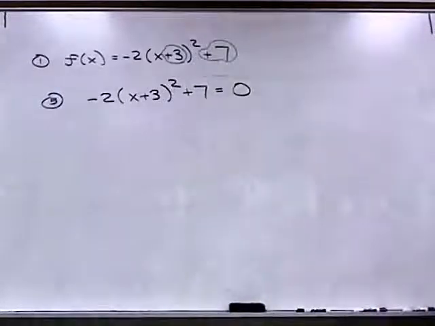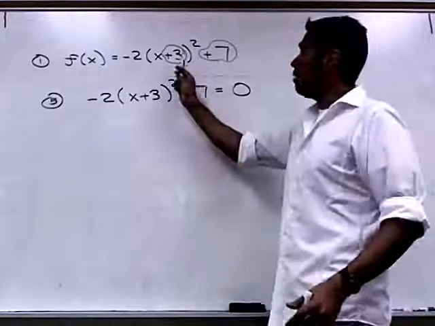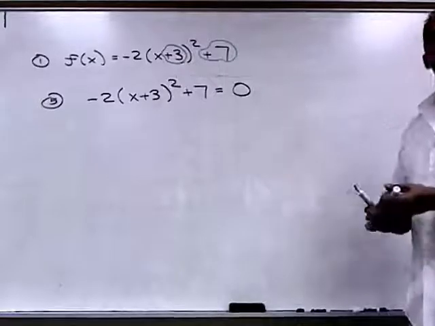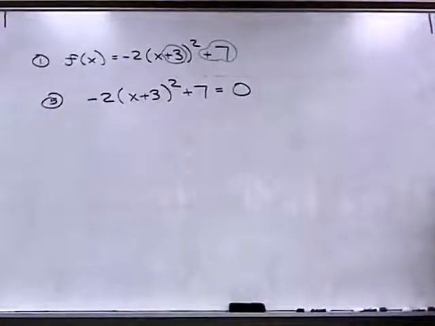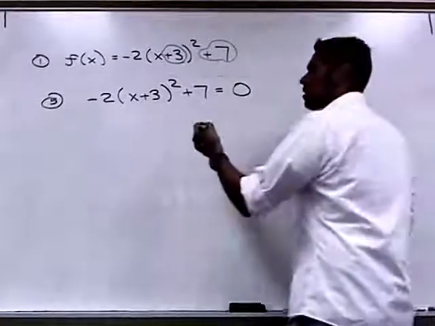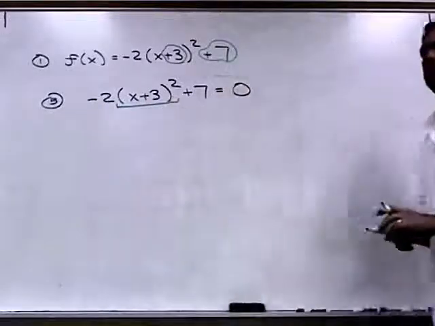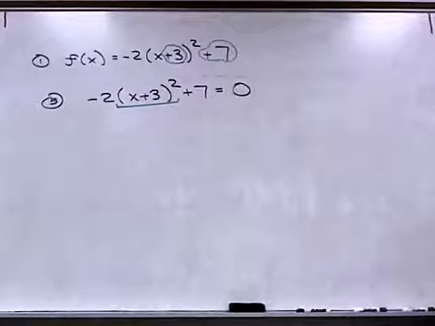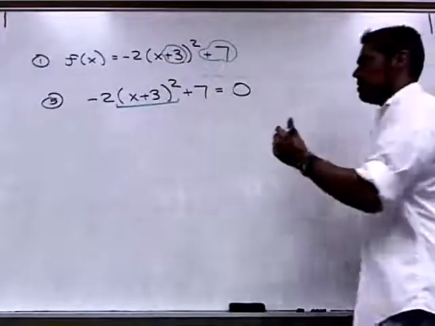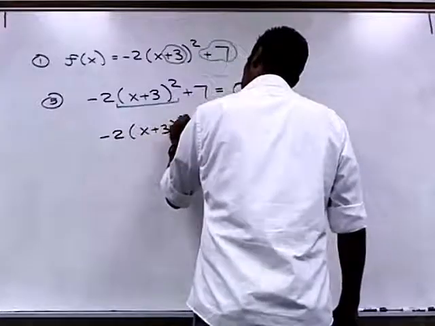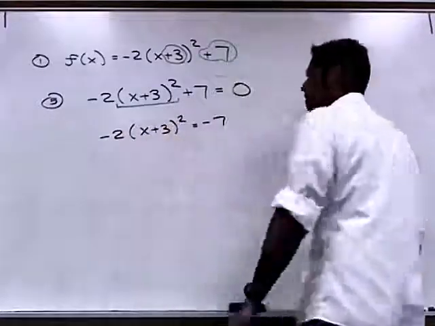Now, when you have it in this form, the way that we solved this equation was kind of special. See if you remember this. We are going to try and get this by itself. So first I will subtract 7 from both sides. And that gives me negative 7.